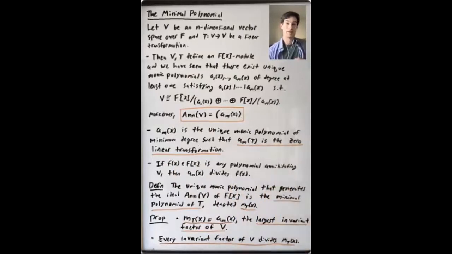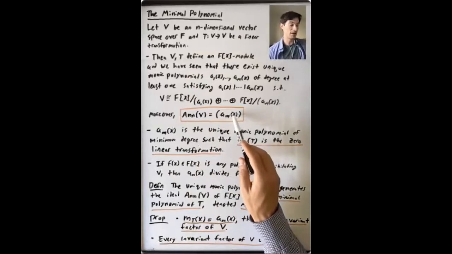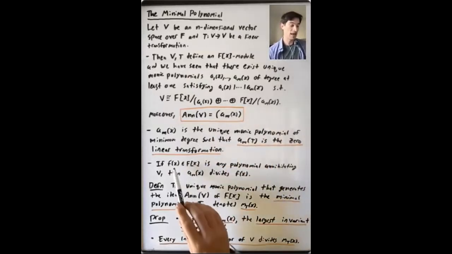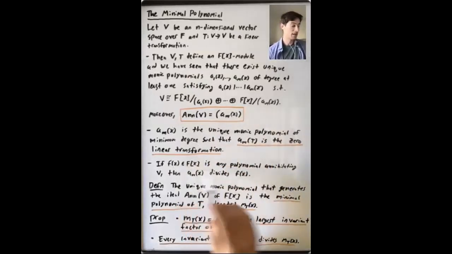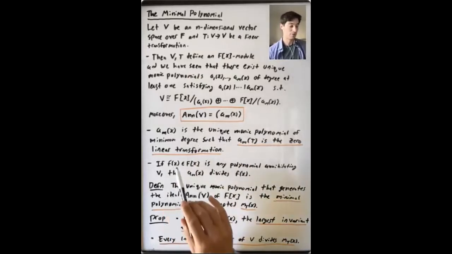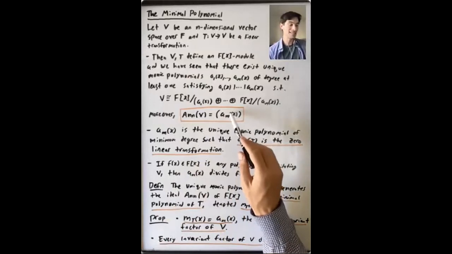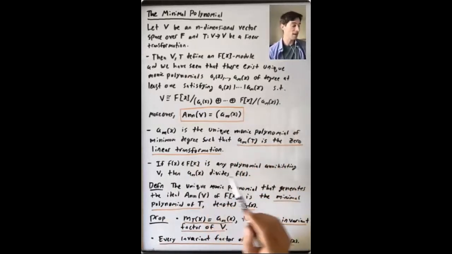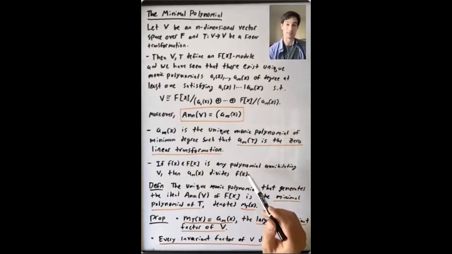So this is a generator for the annihilator. If you have any polynomial that annihilates V, where you put in T for x and you get the zero linear transformation, then it's in this ideal generated by am, which means am divides that polynomial.